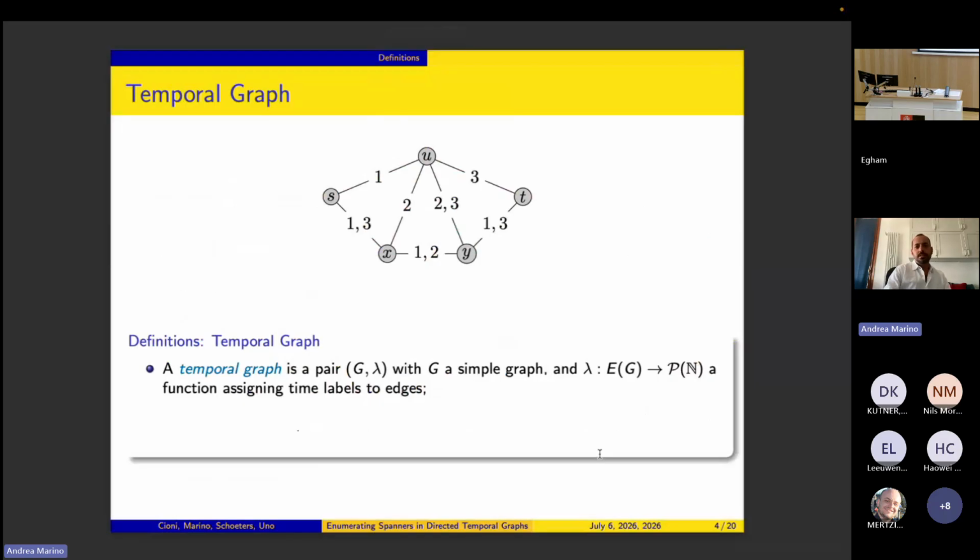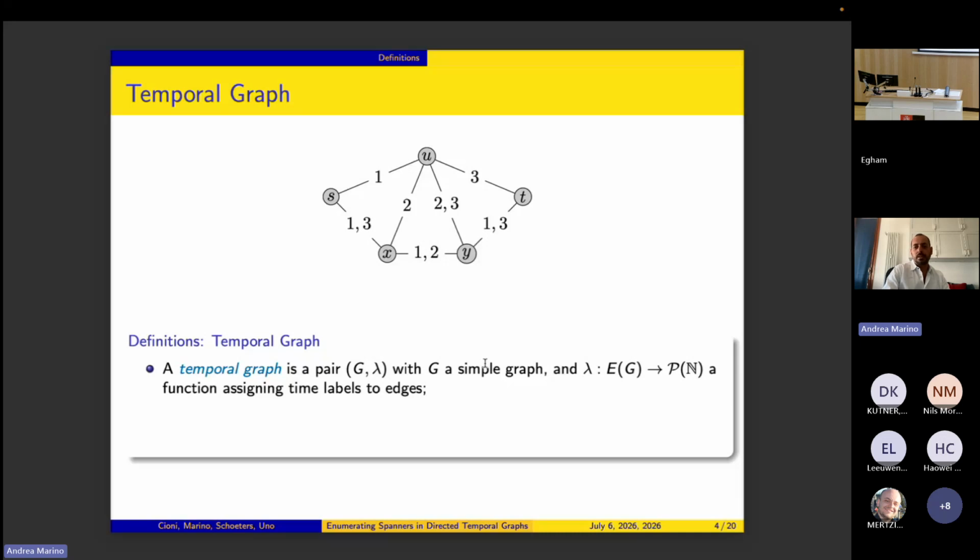Now let's start to talk about temporal graphs, which you have already heard about since this morning. It's a graph with labels, and we use standard notation. I'm just quickly mentioning it to be sure that we have the same notation.